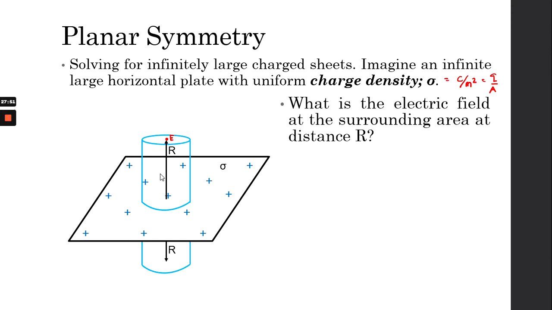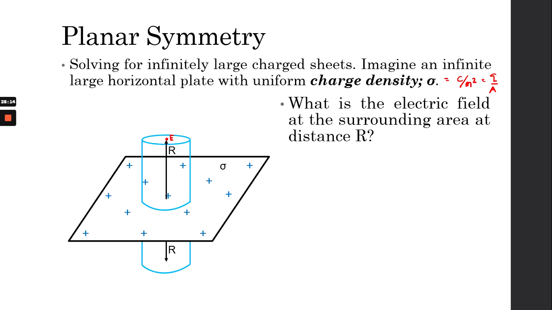So I'm going to create a cylinder that will encapsulate this area right here, and this cylinder bisects, so it goes through that infinite charge. And interestingly, the distance above this should also be equal to the distance below.